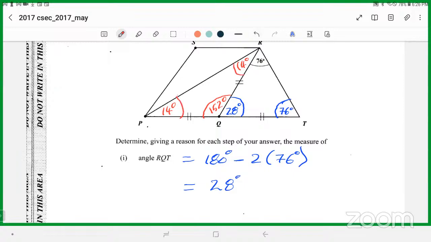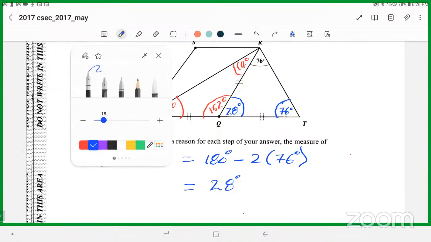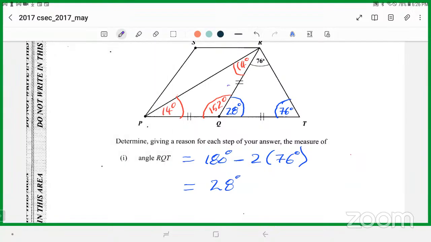And so the angle that they asked us for is 14 plus the 76. The angle that they're asking us for is all of this angle, marked in purple. They're asking us for angle PRT, all of this angle here. Let me mark how I got the 152.